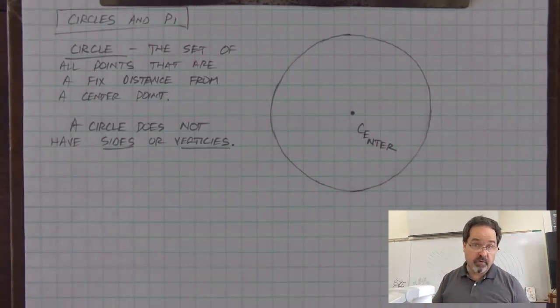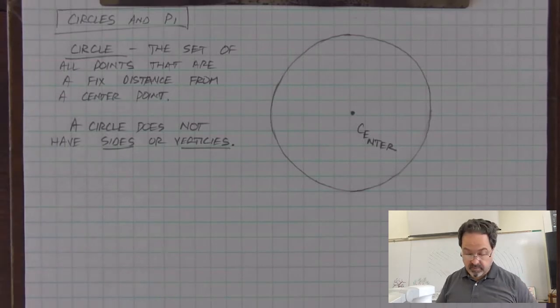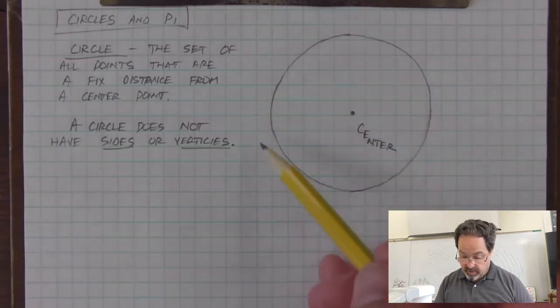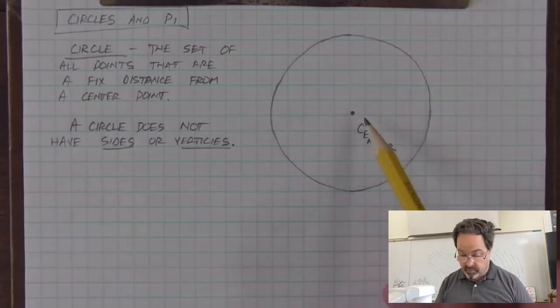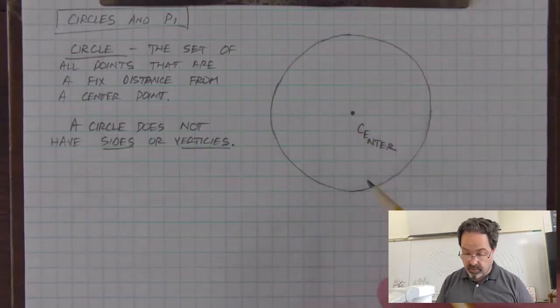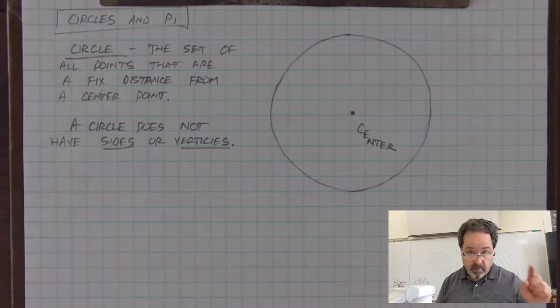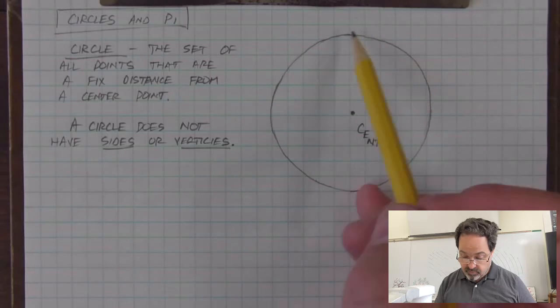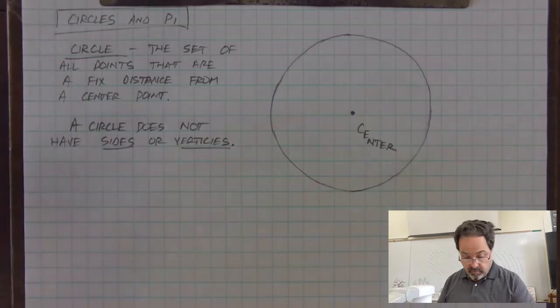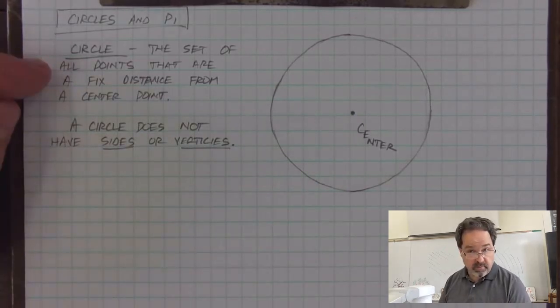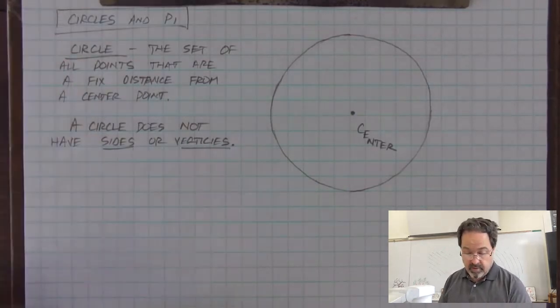Sides are straight lines. They have a certain distance. A circle doesn't have vertices along the edge of the circle, though there is a point that we call the center of the circle. The center is not a part of the set of points that make the circle. And a circle's edge is curved. It's not a straight line, it's not a side. So we have an unusual definition for a circle.